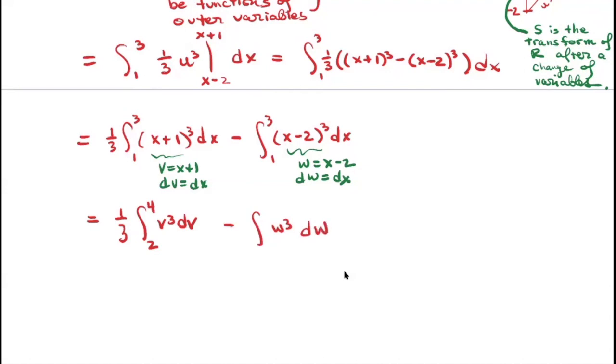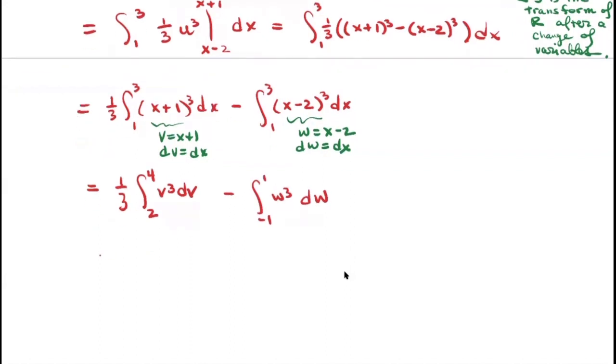When x is 1, w is negative 1 because it's x minus 2, and when x is 3, w would be 1. Okay, so that's easy. Oh, but there should be 1/3 in front of both of these. So you're going to end up with 1/12 v to the fourth on both of these with different limits.